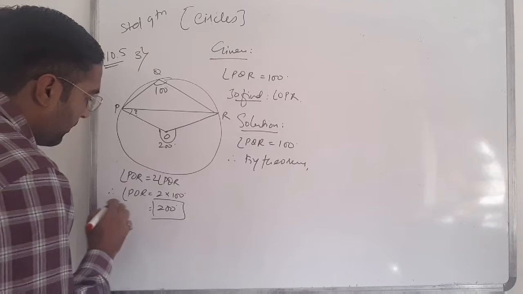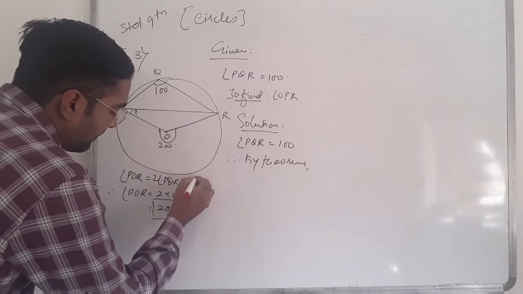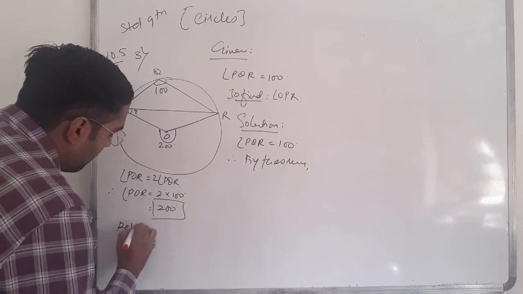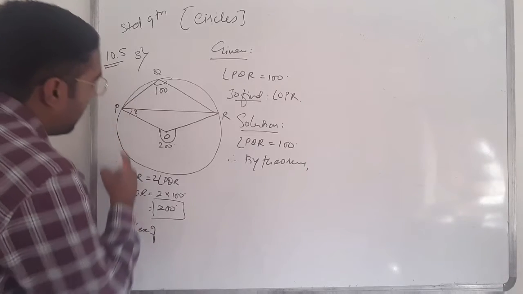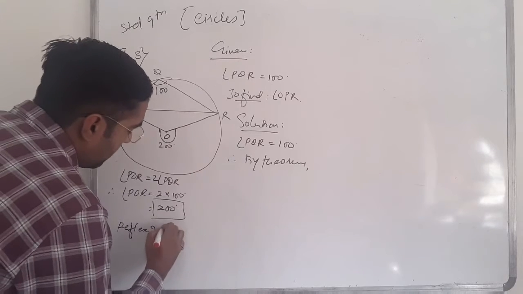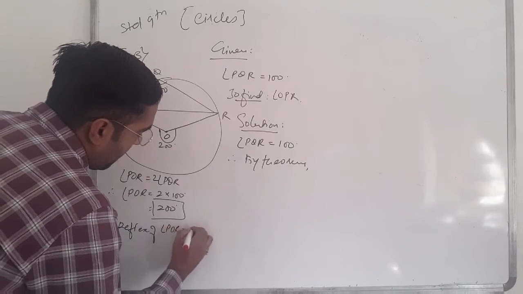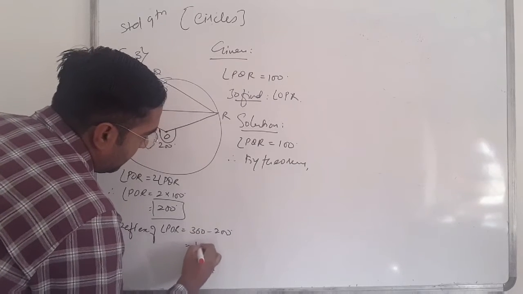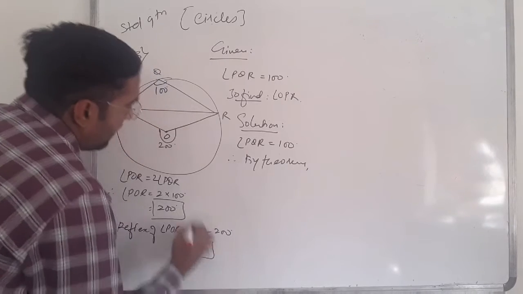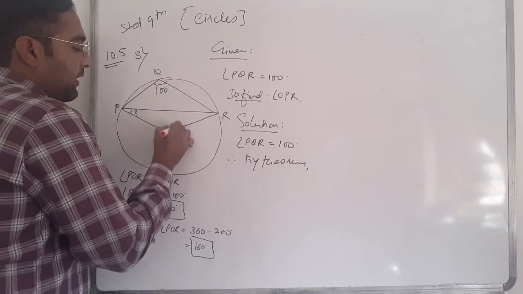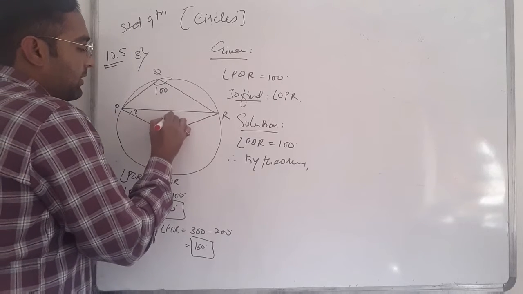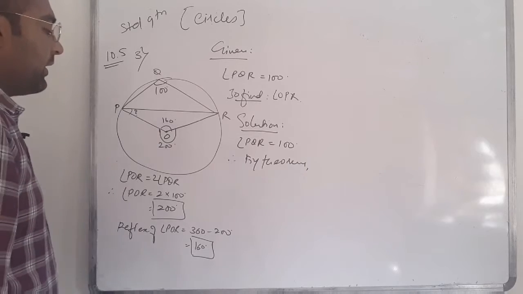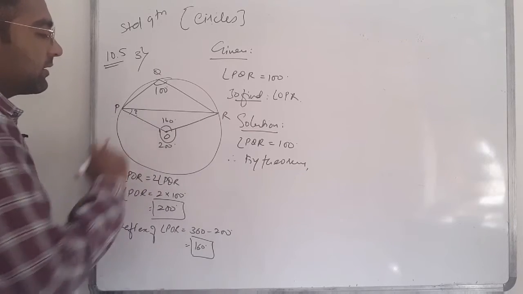So now we write reflex of angle POR, that is 360 minus 200, that is 160 degree. So here my angle at the center of the circle is 160 degree.